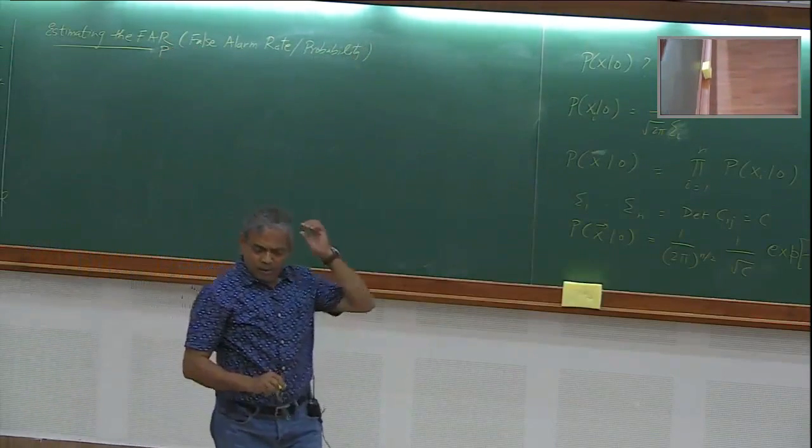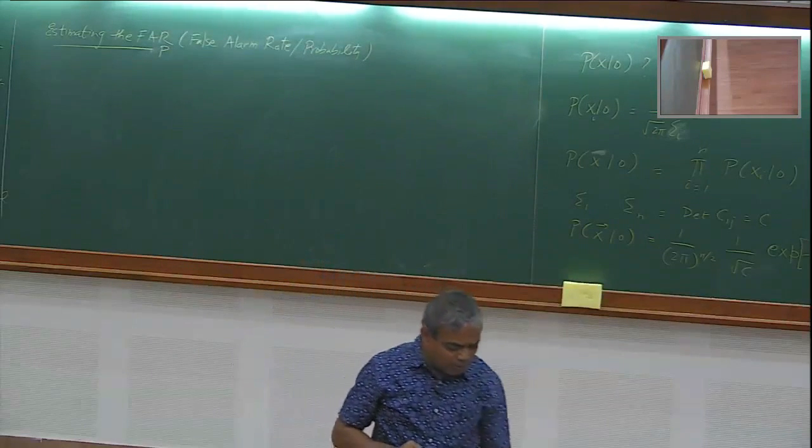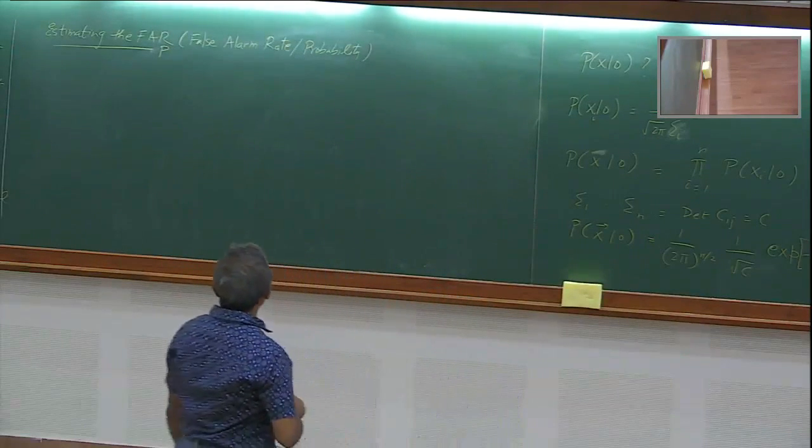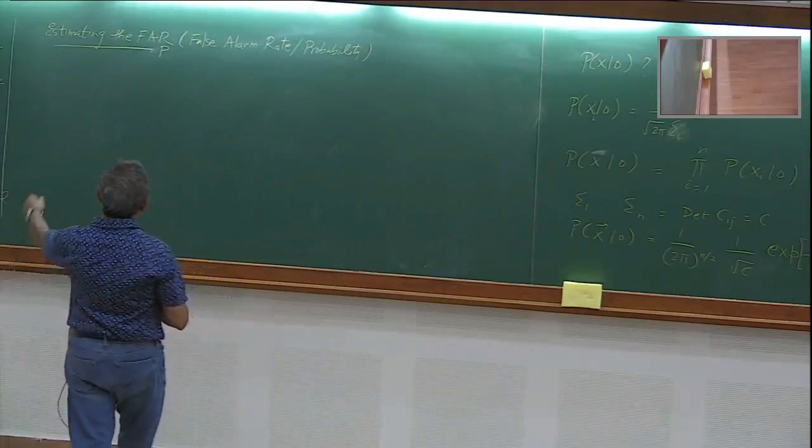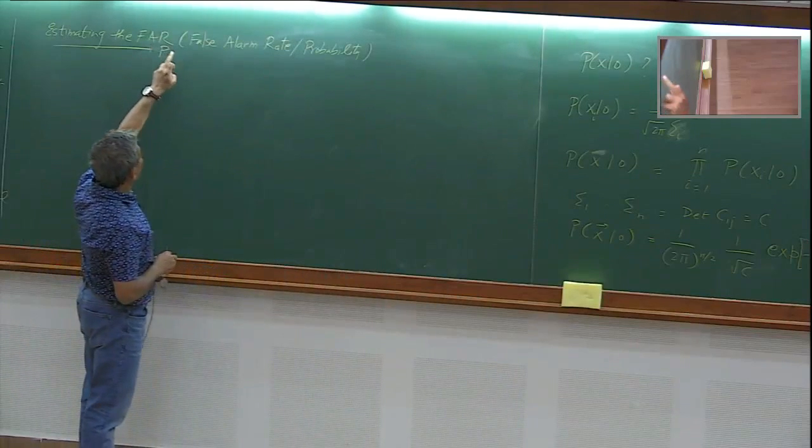A critical thing that we need to compute, as I mentioned, is the false alarm rate or false alarm probability, shortened to FAR or FAP.